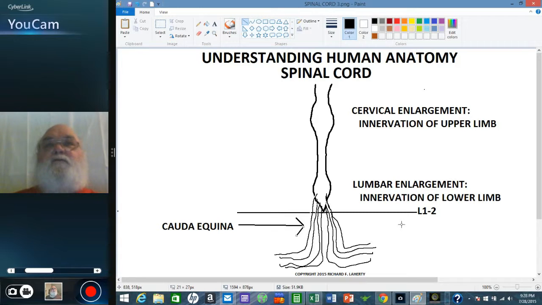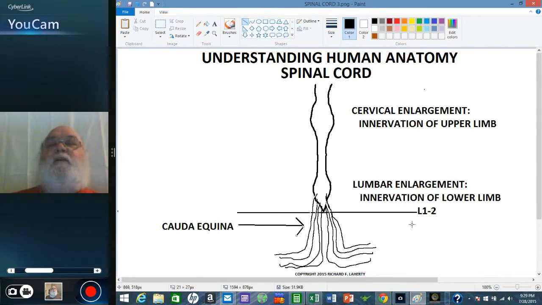The spinal cord itself has white matter on the outside, gray matter on the inside, and in the middle of the gray matter there is a small CSF-filled space called the central canal. The gray matter on the inside is divided into posterior horn, which is sensory, lateral horn, which is visceral motor, and anterior horn, which is somatic motor.